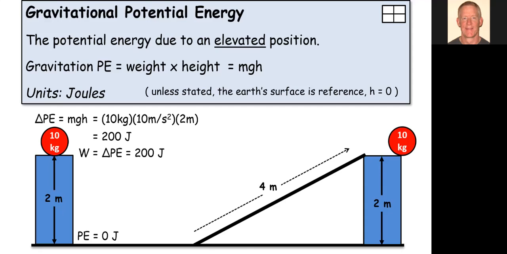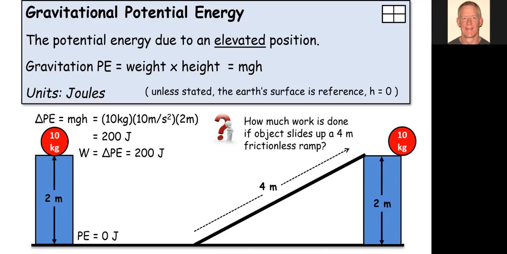So how much work did we do to it? Well, remember, the work that we did to it is only equal to the amount that its potential energy changed. So even though we rolled it up a ramp, it has the same potential energy as if we lifted it straight up, because it's going to be 10 kilograms times 10 times 2, we'll still have 200 joules.